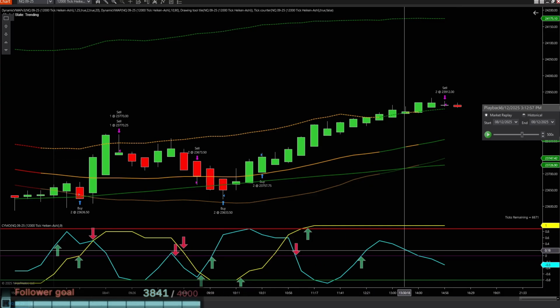Boom, to the upside. And you had no distractions, just structure and momentum in its purest form. You didn't need 20 trades. That's the beauty of using this type of chart. You only needed one good read, and this chart gave it to you. And this is how you trade with clarity and not chaos, guys.